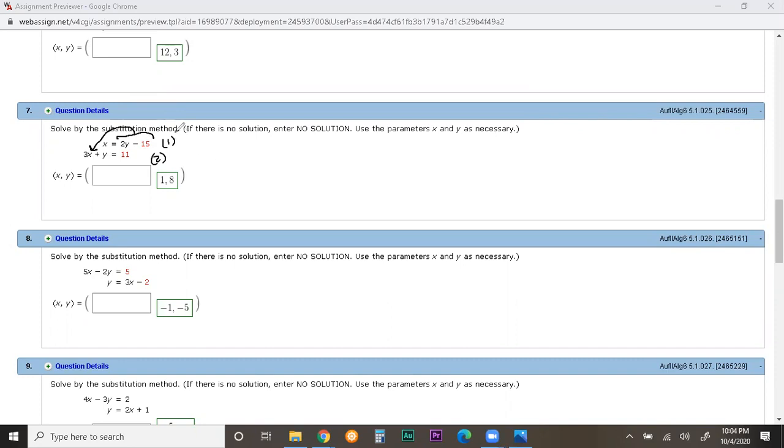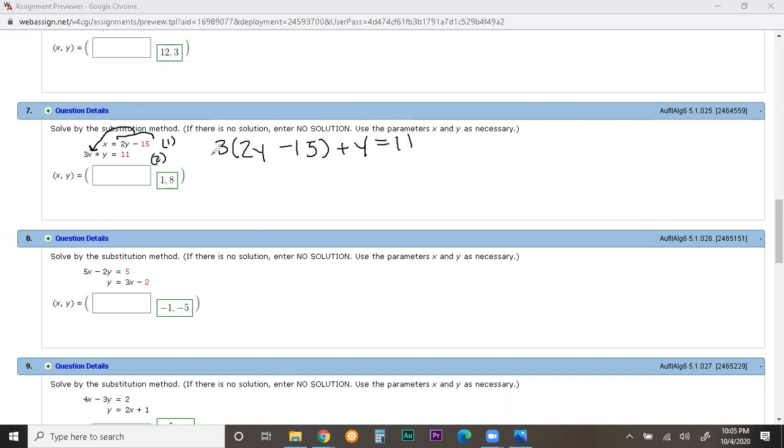So we're plugging the first one into the second one. So where that x was, that is where I'm going to plug 2y minus 15, okay?